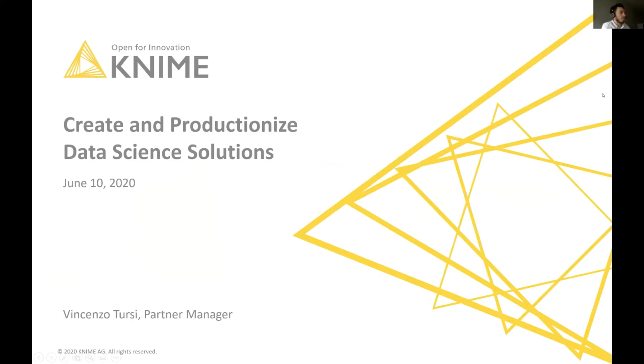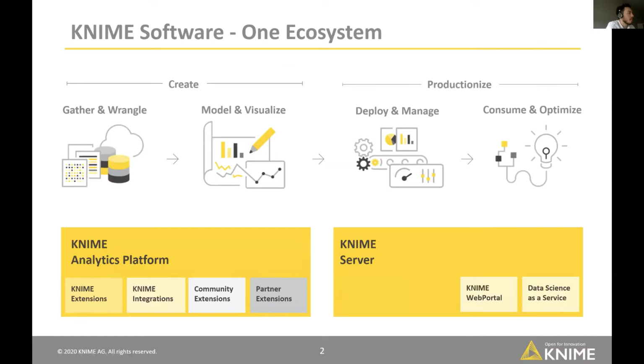Okay, so Paolo quickly mentioned to you already the entire process of how to handle a data science project. And in KNIME, we identified this graphic that shows you how to gather and wrangle data, how to apply and train machine learning models, as well as visualize the results of the analysis that you have performed.